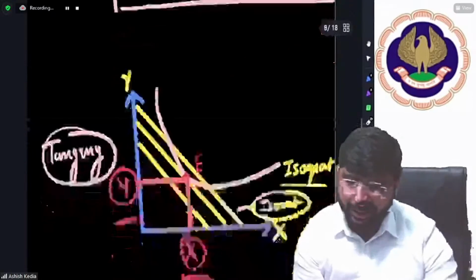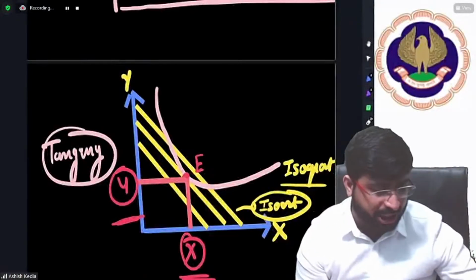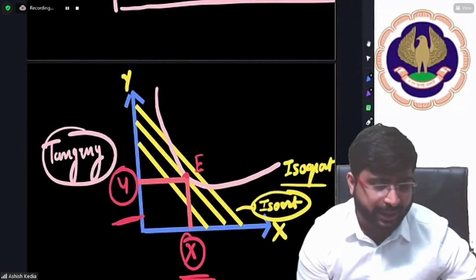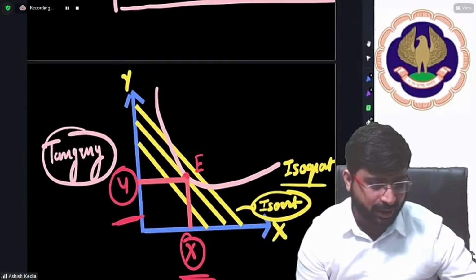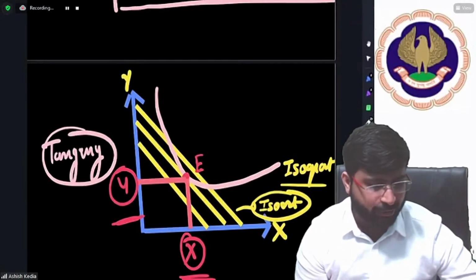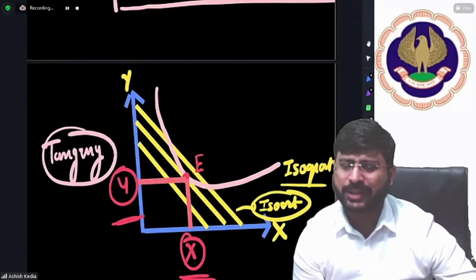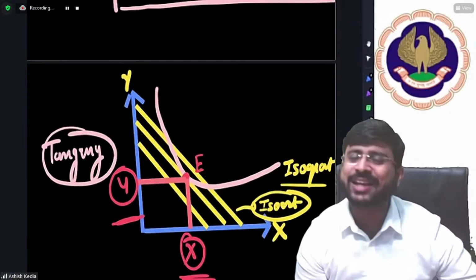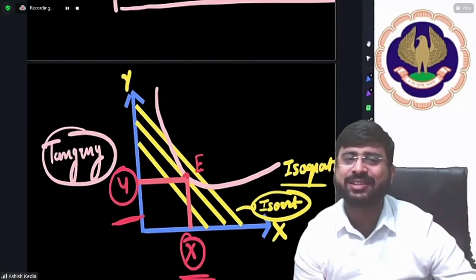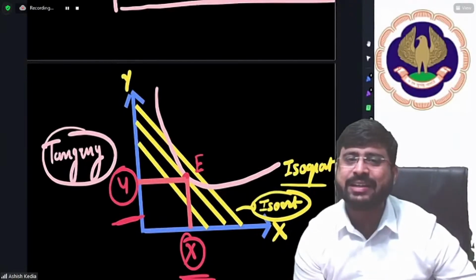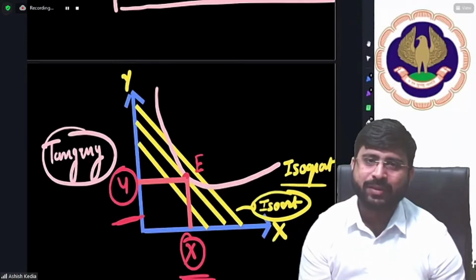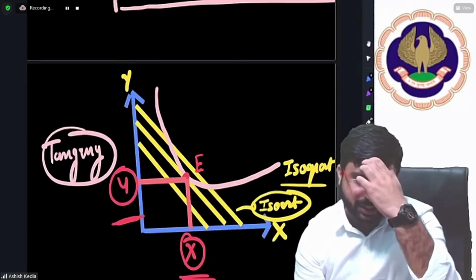Now, where is equilibrium or where is optimization taking place? Again, the same old boring answer, friends. What would that be, sir? My dear friends, at the point of tangency. That is where the indifference curve and the budget line meet each other.